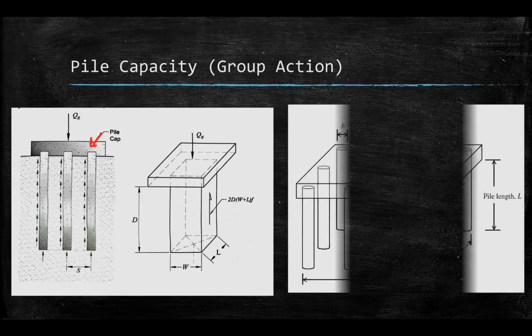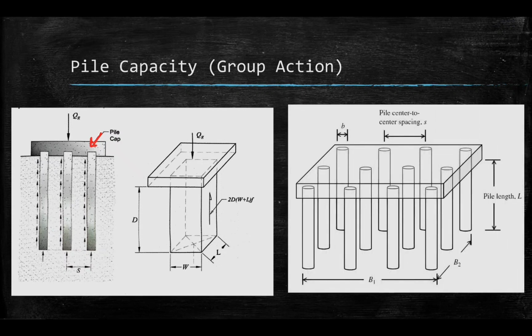When the piles are spaced closely to each other, the stresses that these piles receive and transfer to the soil tend to overlap. When the area covered by these stresses from the group of piles overlaps in the soil, there is a reduction of the load-bearing capacity of the piles. Since there is a reduction, this is where efficiency comes in.